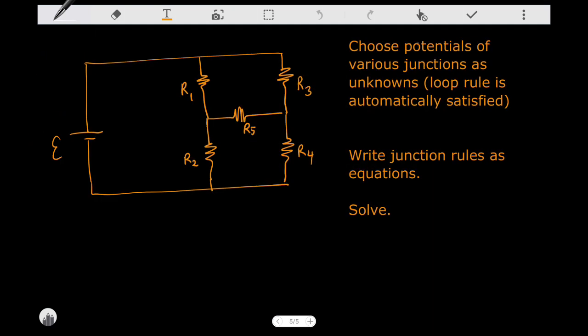We just choose the potential of various junctions as unknowns. In that case, I don't need to check the loop rule, because the loop rule already tells us that the sum of the differences over a loop is equal to 0. That would be automatically satisfied. In that case, I need to write down only the junction rule equations.